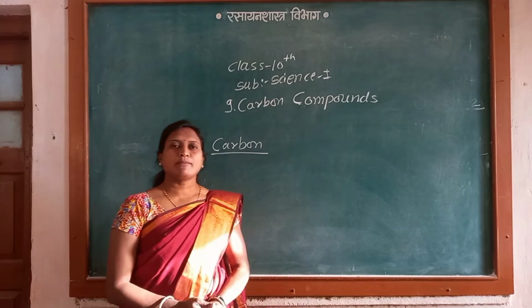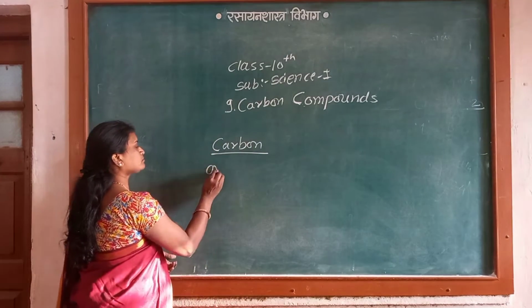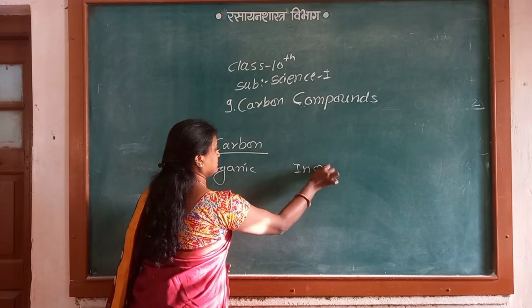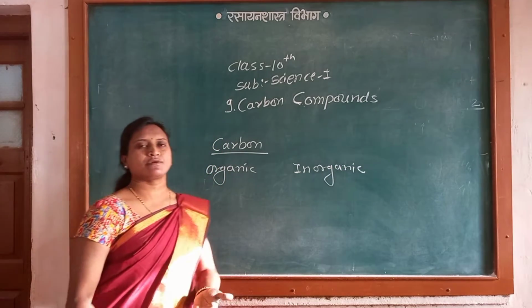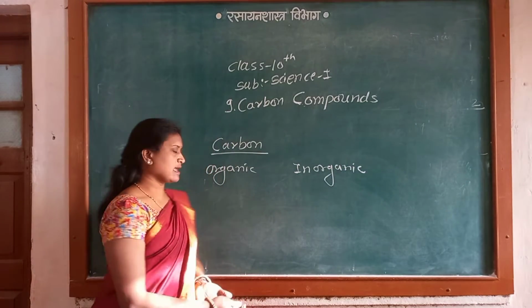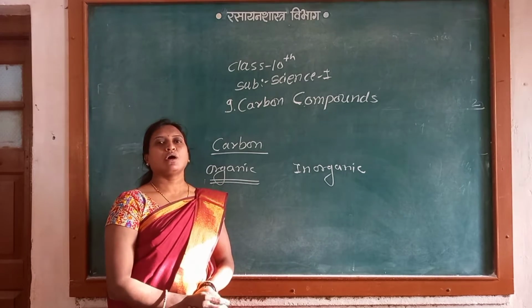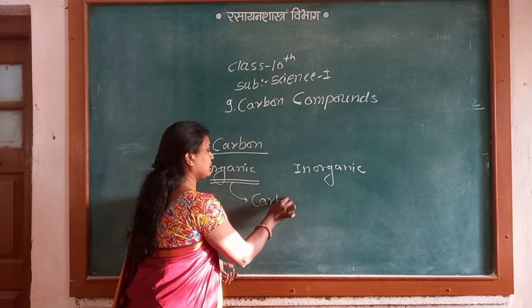What two main types of compounds do you find in your surroundings? The compounds are mainly of organic and inorganic types. The definition of organic and inorganic compounds you have seen in the previous classes. All of the organic compounds contain a common element called carbon.